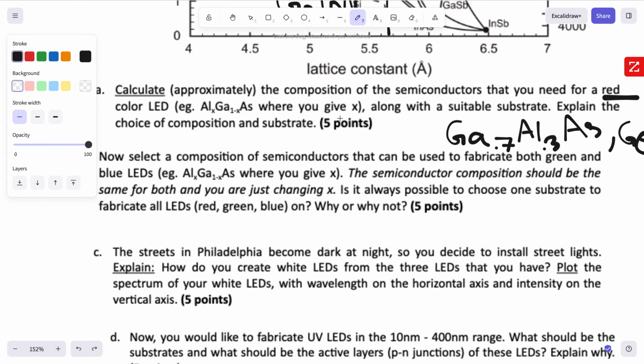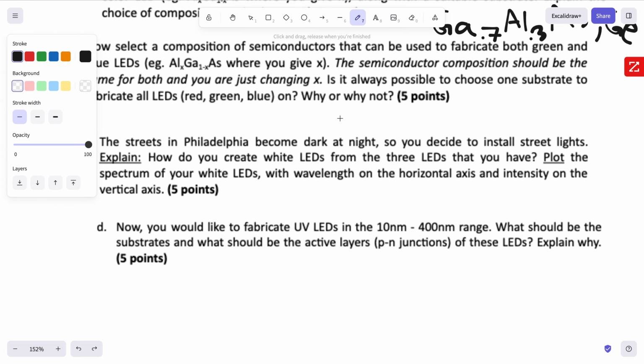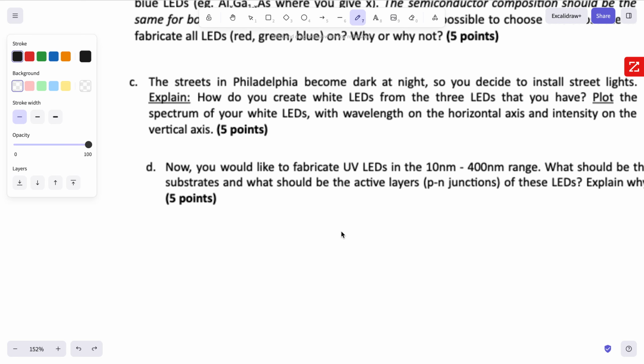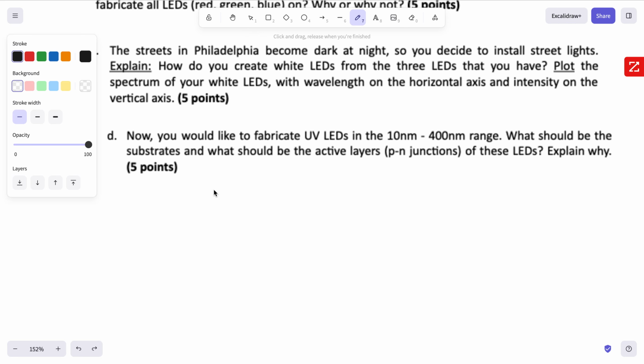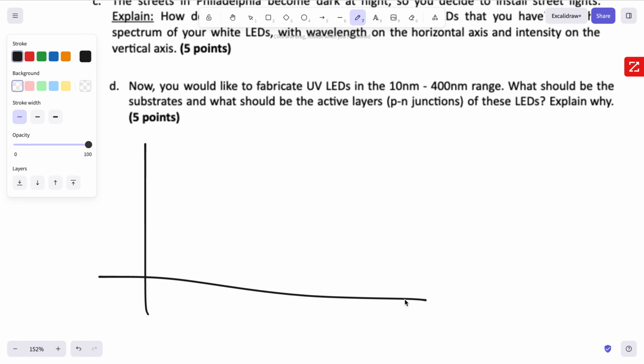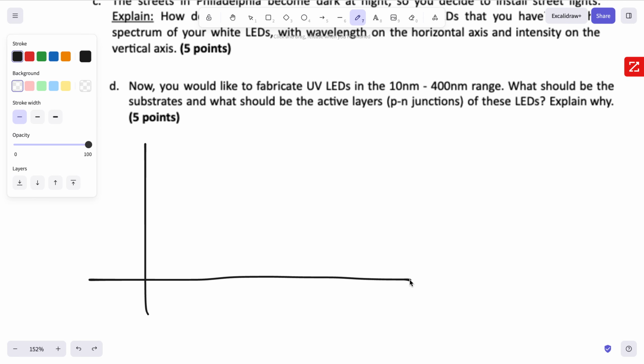Now, the last thing we want to talk about is how can we create white light, right? Because that's something that's very important when designing LEDs. And there's two main ways of doing it. One is just to combine three lights. So the most common thing you can do is take RGB, red, green, blue, and combine them.